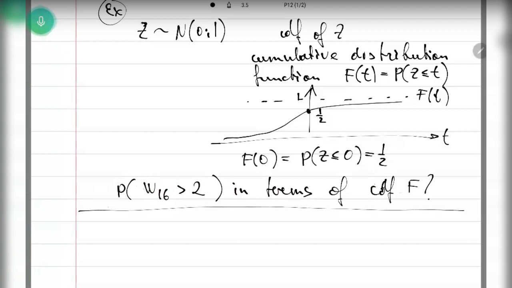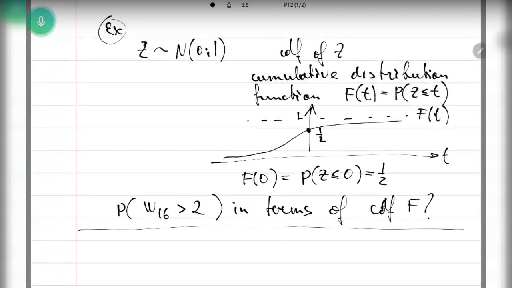So that's an easy exercise, just a warm up to what we will do in a few minutes. How can we do this exercise?